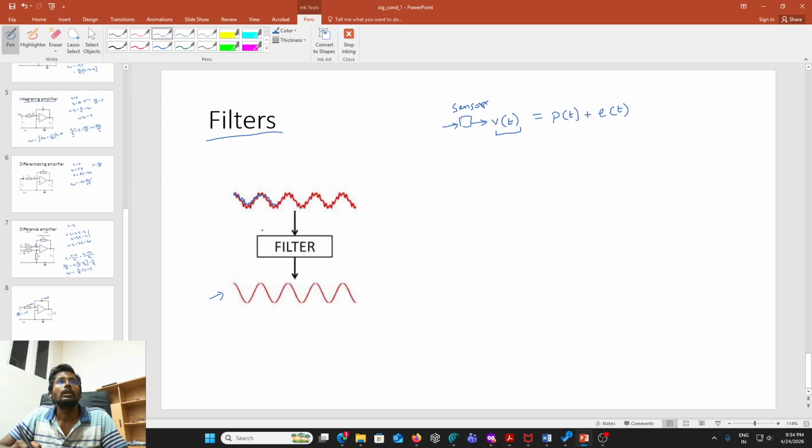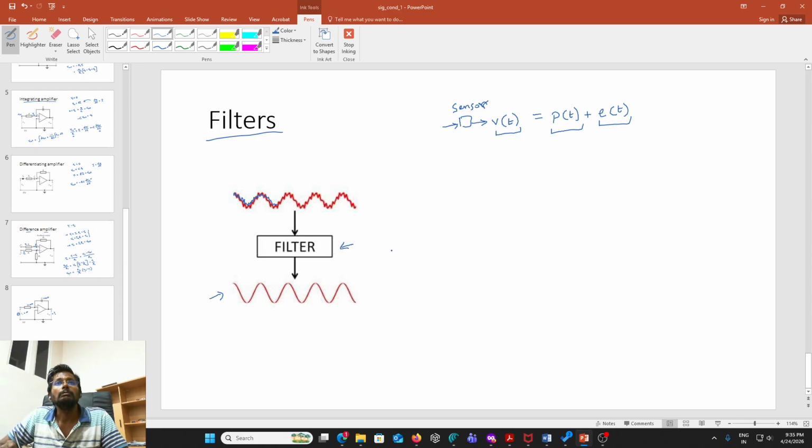Now I don't want this noise signal. Somehow I need to get rid of this particular noise signal, so that I will get only the voltage corresponding to the physical quantity. So how to achieve that? We can achieve that through filters.